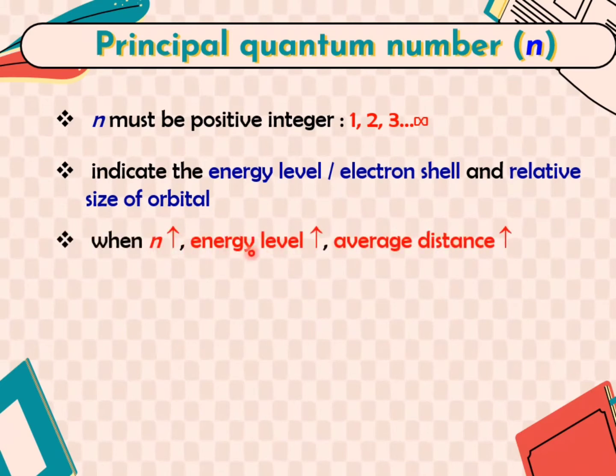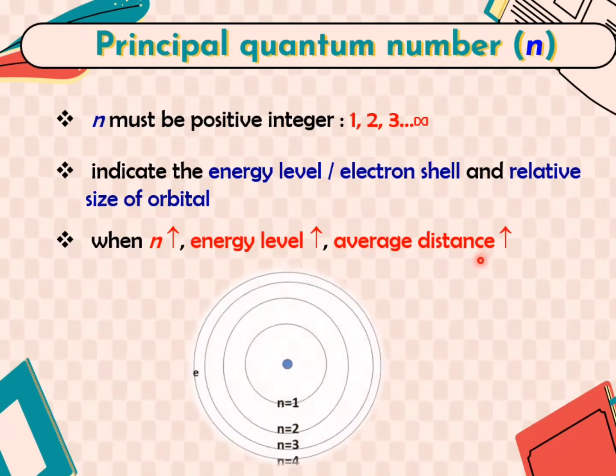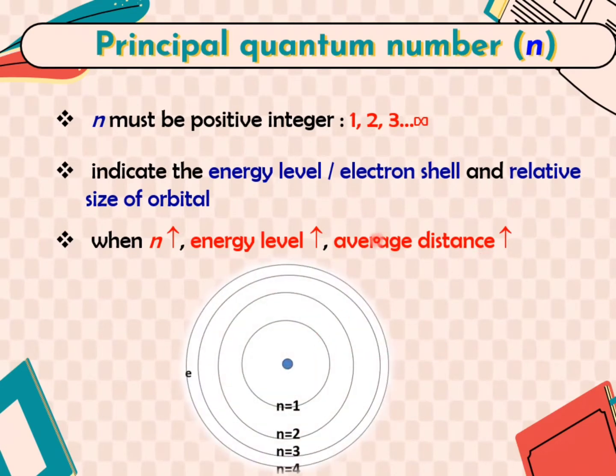When N increases, the energy level increases, so the average distance increases. The higher the value of N, the farther from the nucleus. This is what we saw in subtopic 2.1. So N equals 1 has a shell that is a little bit smaller compared to N equals 2. N equals 4 has a much bigger orbital size. That is why it relates to the relative size of the orbital. The bigger the value of N, the higher its energy level, so the distance from the nucleus becomes farther. So that is N. Understand? N is the shell, the energy level.